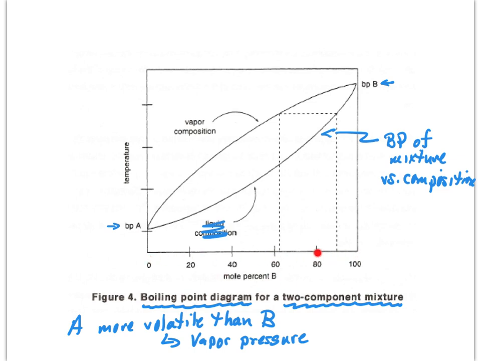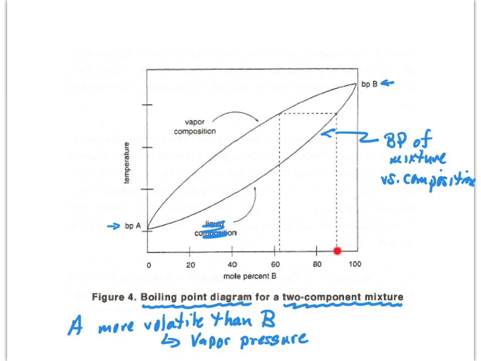So mole percent B. If it's 80% B, then it's 20% A. If we go straight up, it will boil at that temperature. And so this line is a plot of the boiling point temperature of the mixture versus the composition of that mixture. Now, this line, I agree, is the vapor composition.